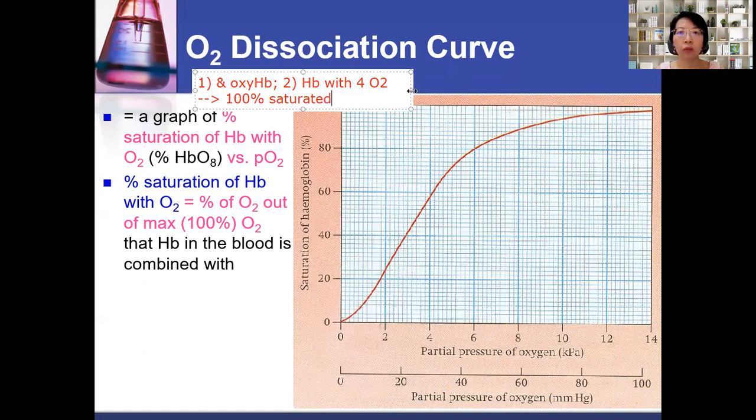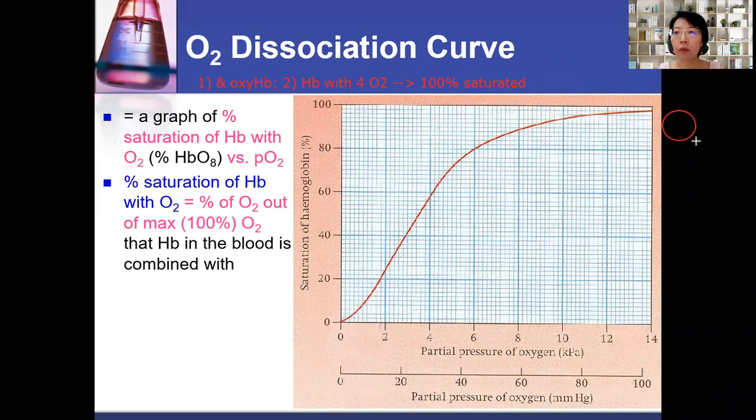One hemoglobin has 4 subunits, 1, 2, 3, 4, so 2 alpha and 2 beta. When all 4 subunits are carrying oxygen, I will consider it as 100% saturated. It is easier for me to understand.